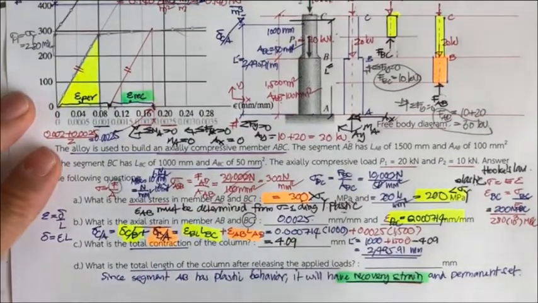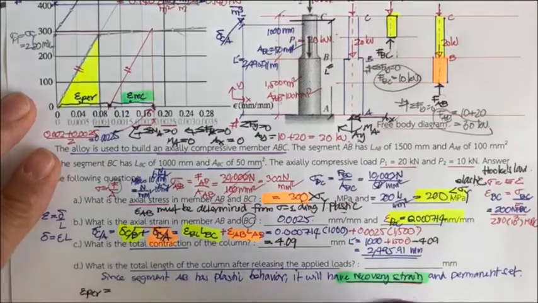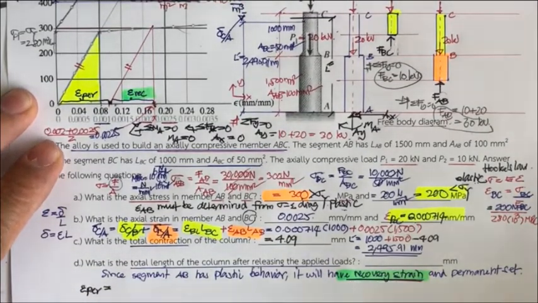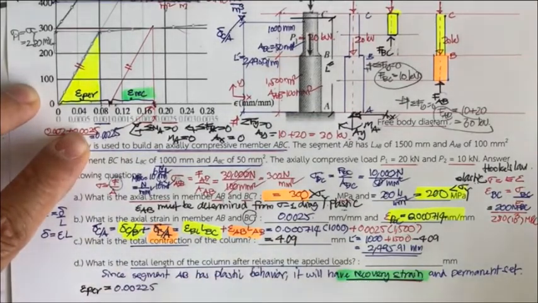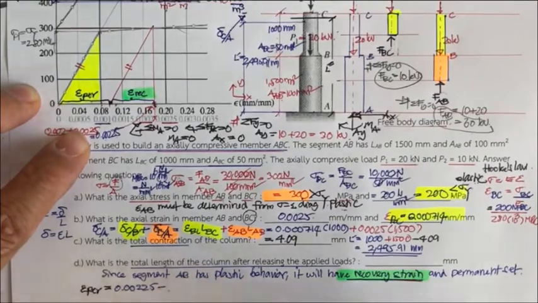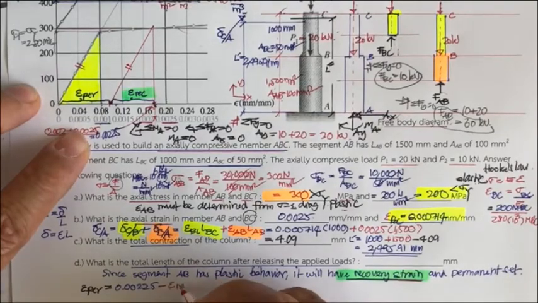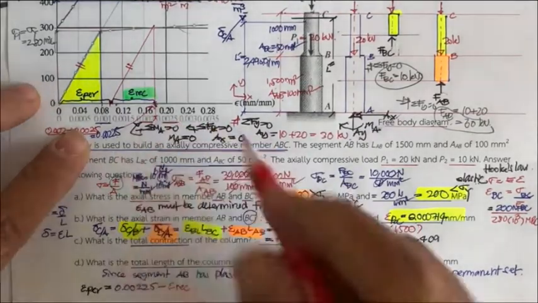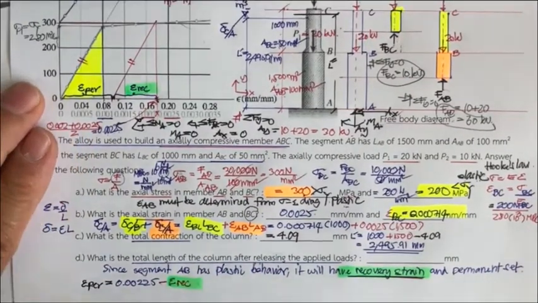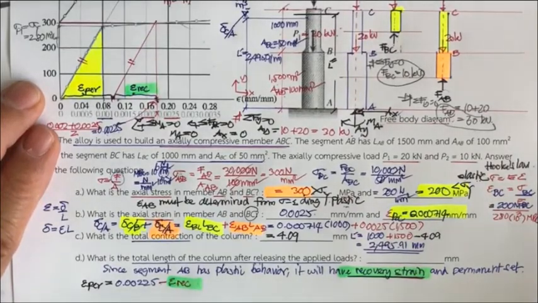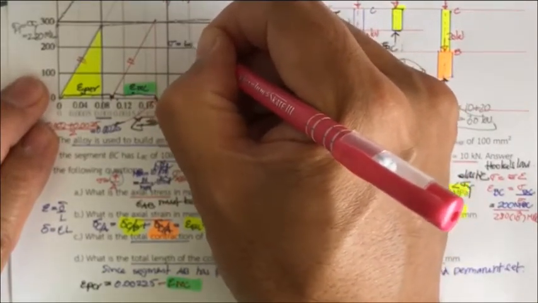So strain PER equals 0.00225 minus strain REC, and we're going to determine what strain REC is. Since this follows linear elastic behavior, sigma equals E times strain.